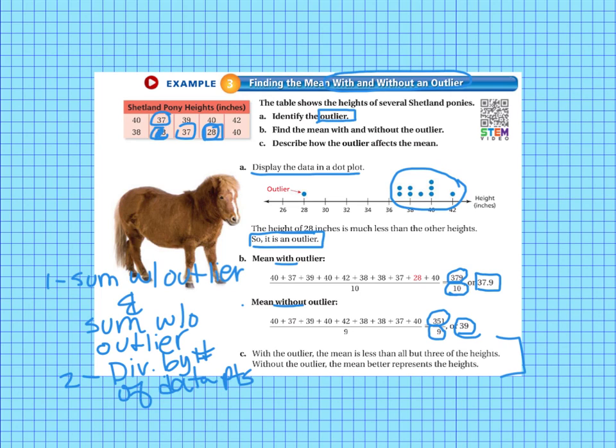That means it's really not representing all of those 10 heights very well. Without the outlier, the mean better represents the heights. You can see that without the outlier, it's much closer to the heights of most of those Shetland ponies.